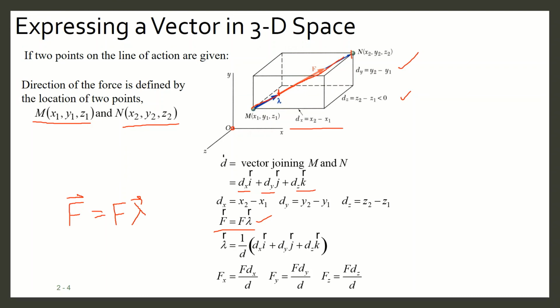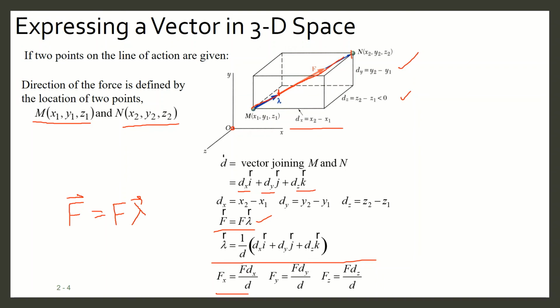Now you can calculate lambda by this equation. Lambda will be equal to (dx i plus dy j plus dz k) divided by d. And these components: Fx will be F dx by d, Fy will be F dy by d, and Fz will be F dz by d.